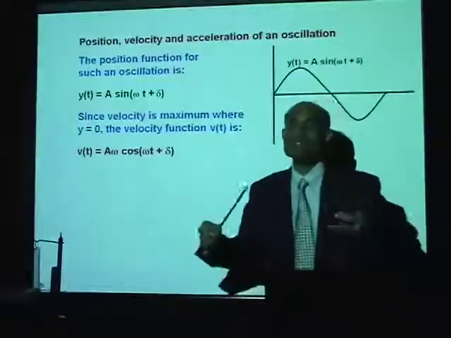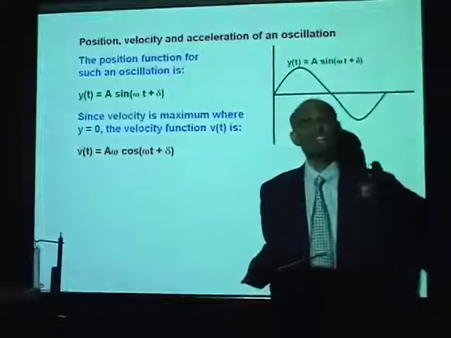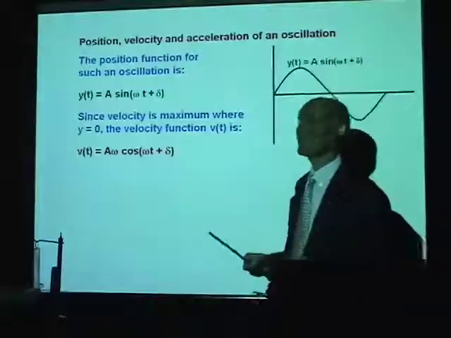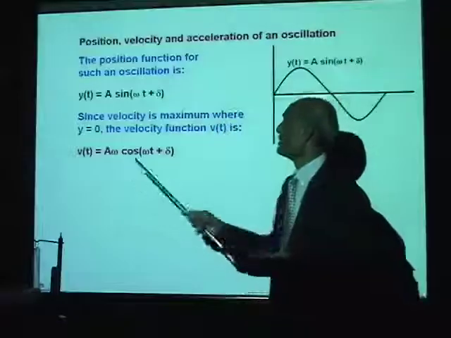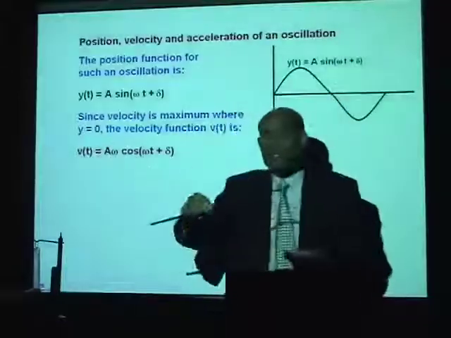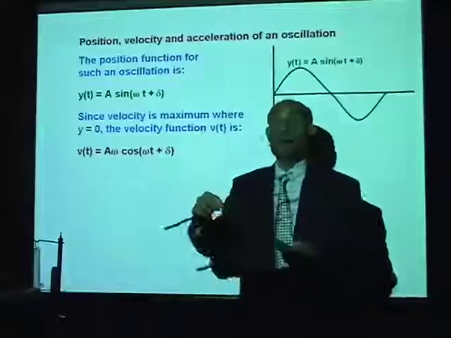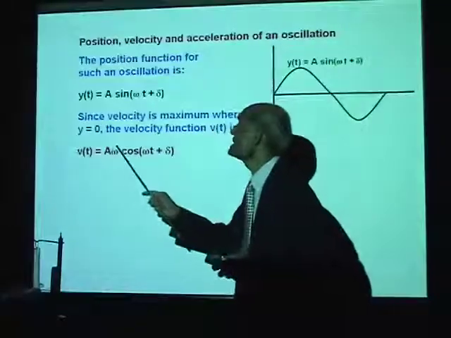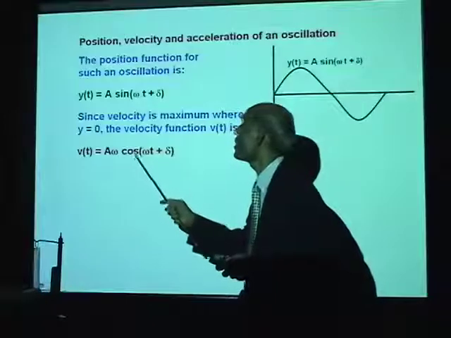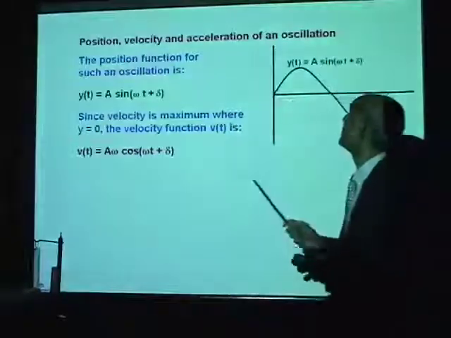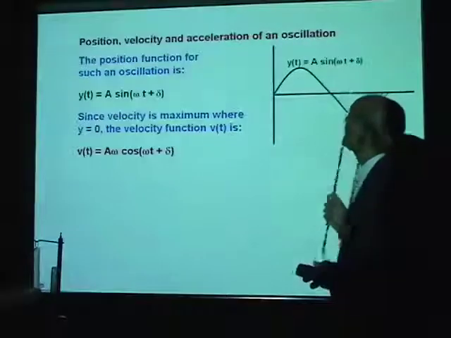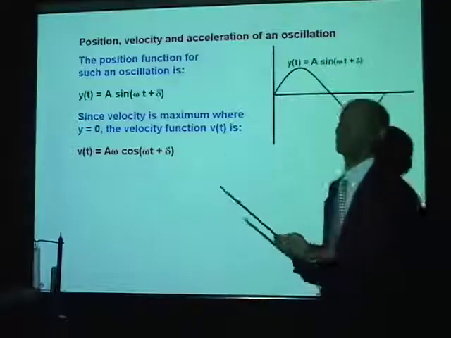Now, I cannot show you the derivation of it because it is a little calculus. In this course, we don't use calculus. So I'm simply going to give you that equation. Velocity of an oscillating object at any time is v of t equals a omega cos omega t plus delta. It's a cosine function. So if I draw a graph, how will that graph look like?